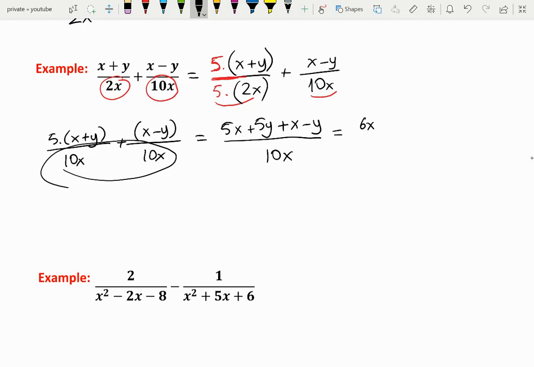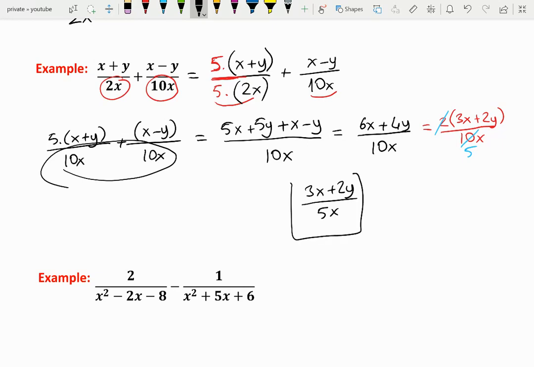Then I have 6x plus 4y over 10x. We can do something more, right? Let's make it 2 times 3x plus 2y over 10x. So this 2 and 10 cancel each other. I have 5 left here. So my answer is 3x plus 2y over 5x.